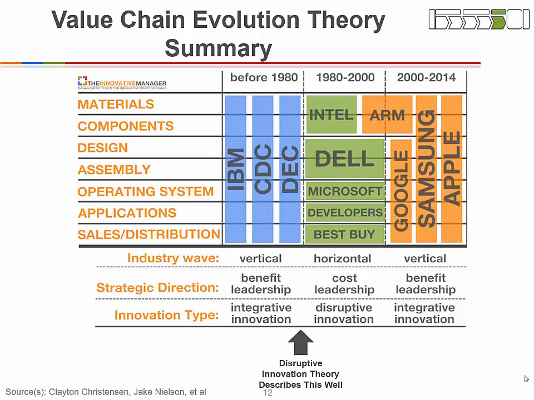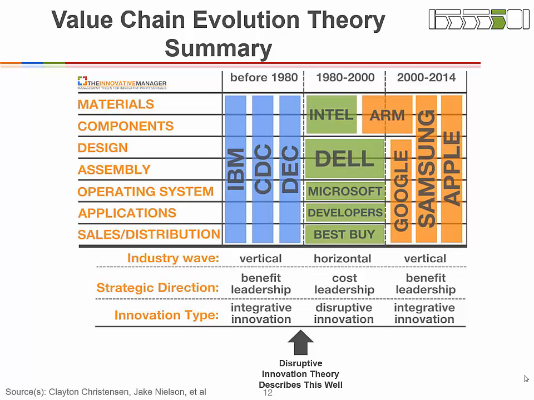Now, the important thing about this is Clayton Christensen was very clear and articulate about explaining the transition from vertical industries to horizontal industries. And that's what disruptive innovation theory is all about. It describes that transition beautifully.